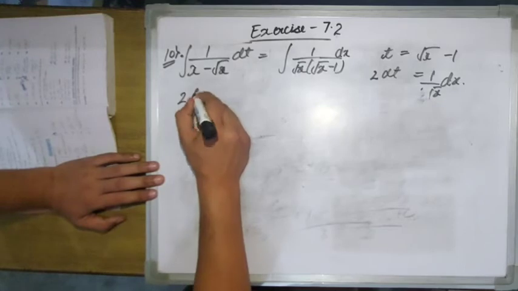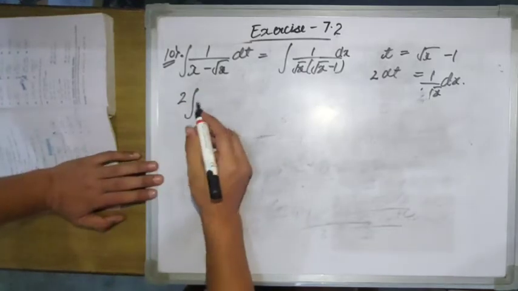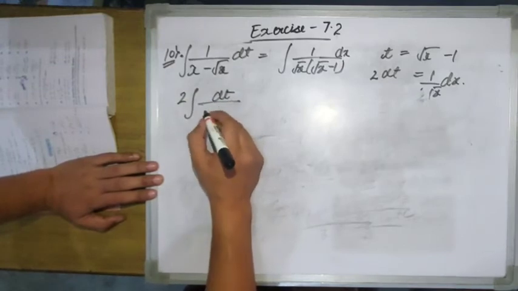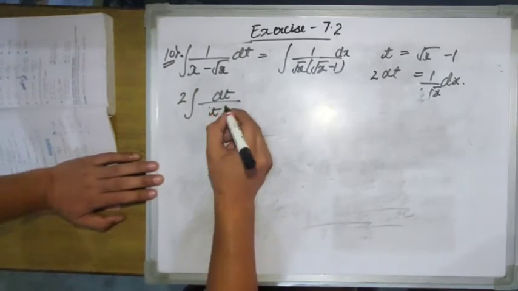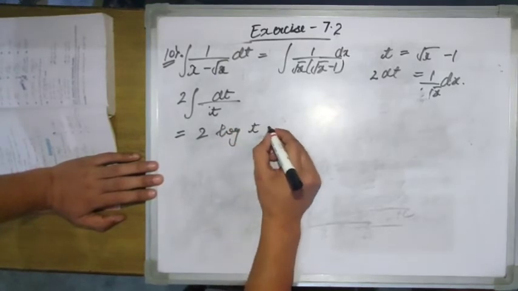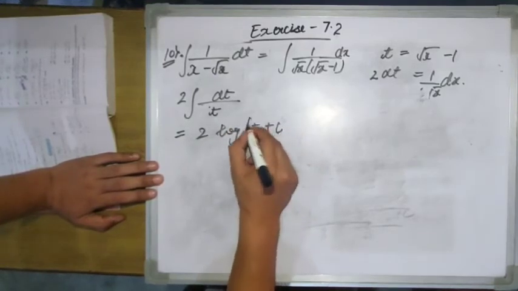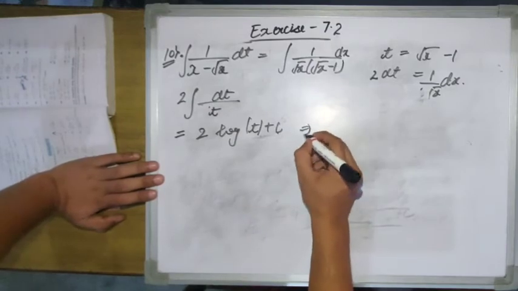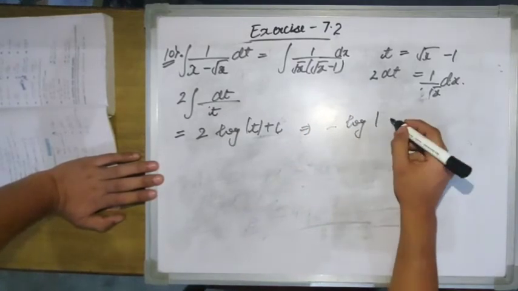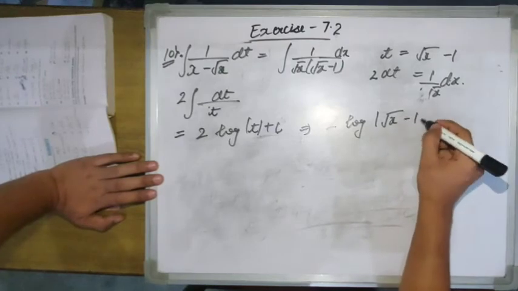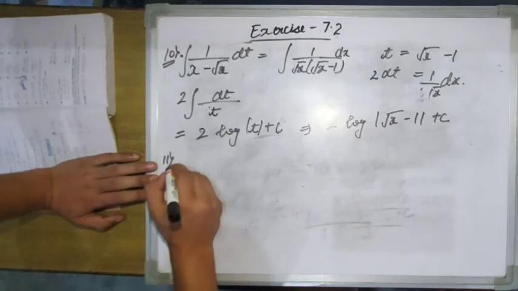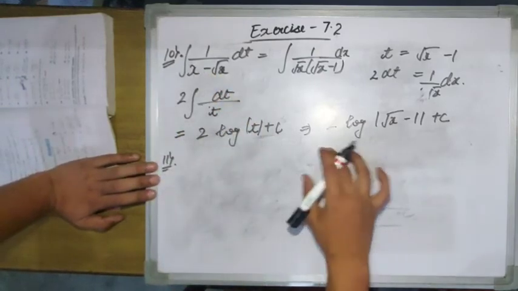Taking 2 outside from the integration, because this is constant, we have dt upon t, so 2 log t plus c. This is the answer of the 10th question.